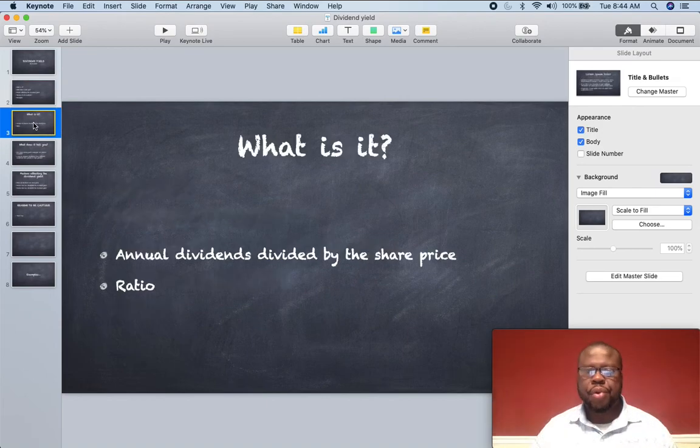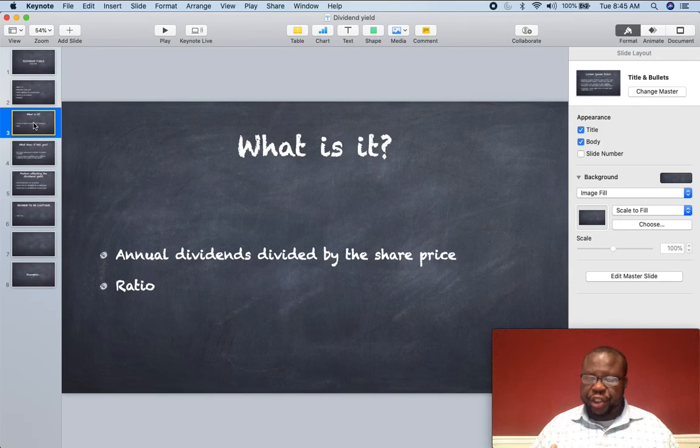Dividend yield. What is it? The dividend yield simply is how much money per year in dividends you're being paid by this company divided by the share price. Simple. That's it. How much money in dividends annually you're getting divided by the share price.